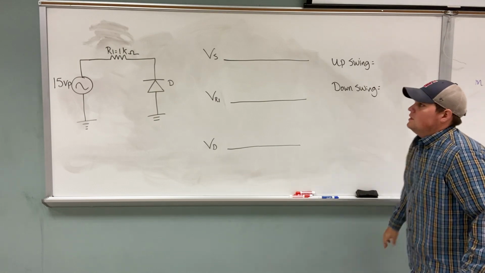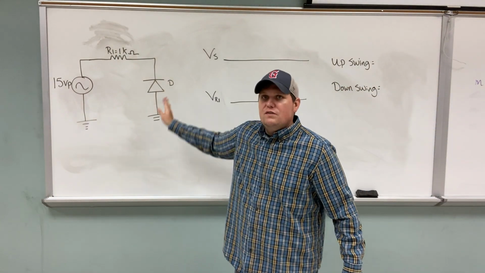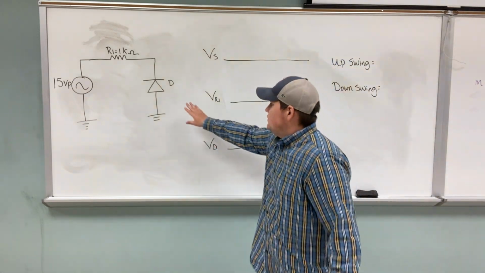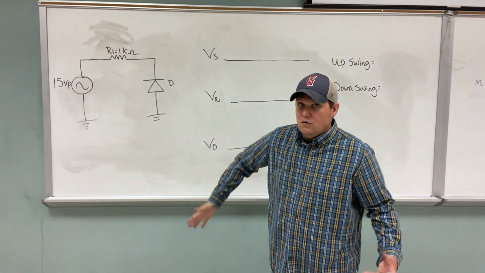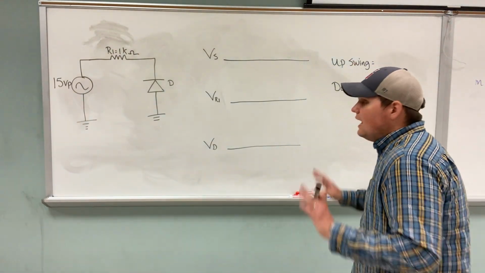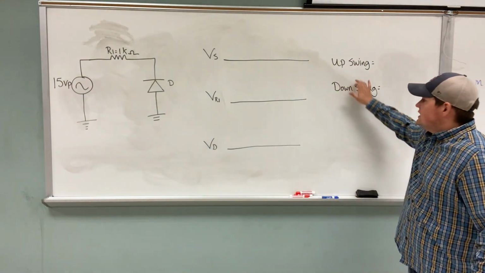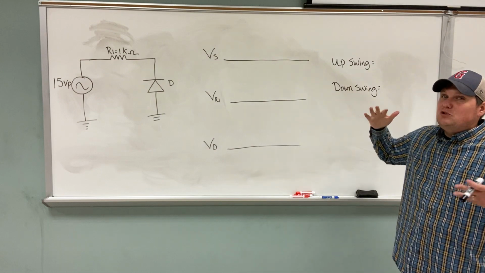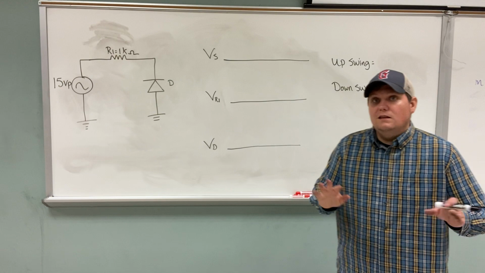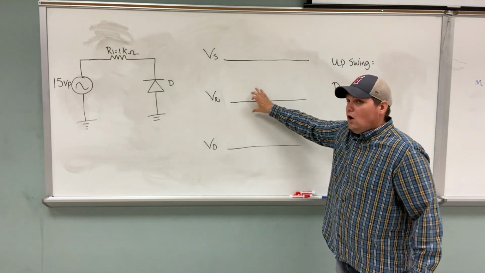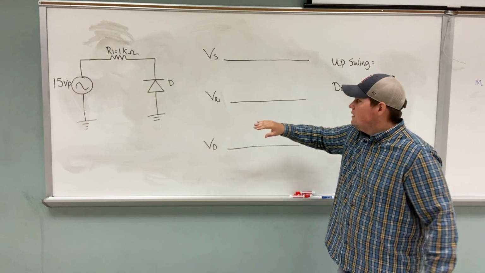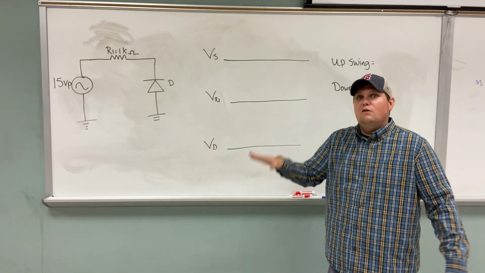Okay, so all I have done is I have turned the diode around. So just like the previous one, this is going to act as both forward bias and reverse bias. However, the upswing and the downswing is going to change. So what you're going to see, long story short, is all of your waveforms from the previous circuit are just going to be flipped.